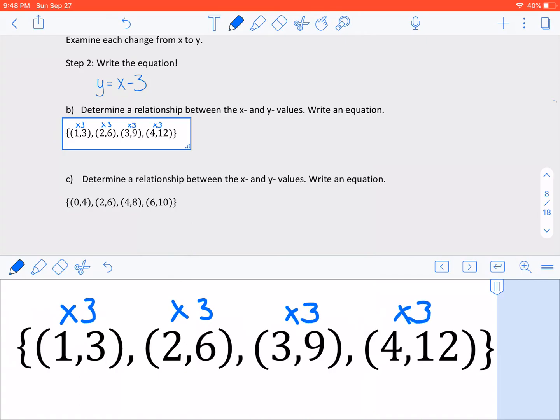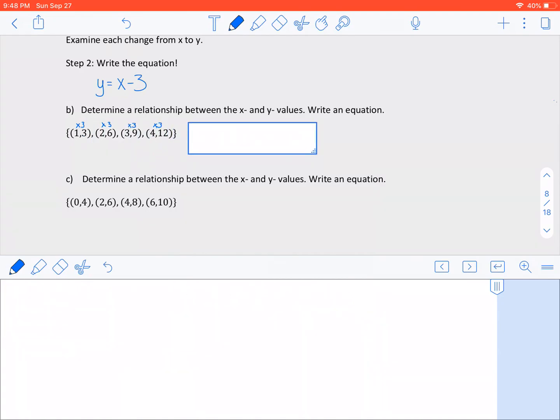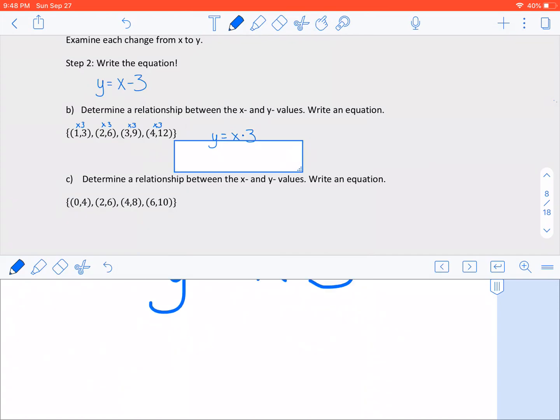I notice that 1 times 3 is 3, 2 times 3 is 6, 3 times 3 is 9, and 4 times 3 is 12. Therefore, I know that y equals whatever x is times 3. So that is my function.